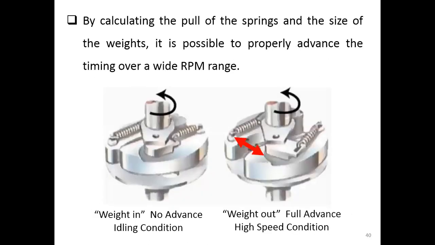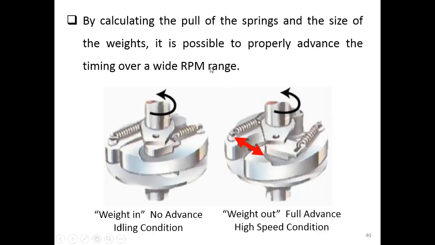To get the proper weight of these two weights, you have to calculate the pull of the spring, the force from the spring, because it is the resistance force, and the size of the weight, in order to get the proper advanced timing over a wide RPM range.